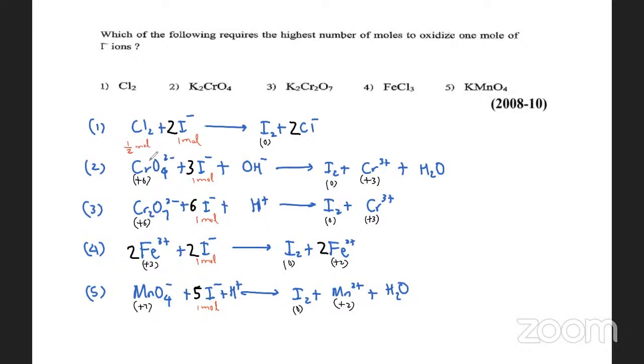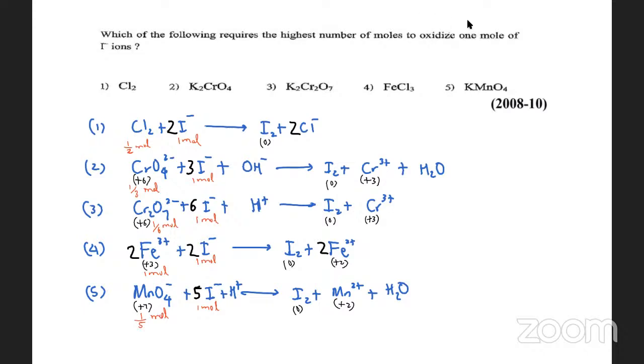And here 1:3, so it will be 1/3 moles. And here it is 1/6 moles. And here 1 mole, because it's 2:2, 1:1. And here it will be 1/5 moles.